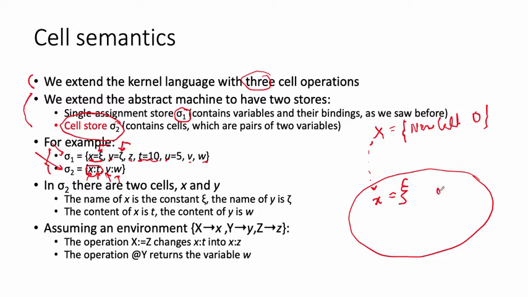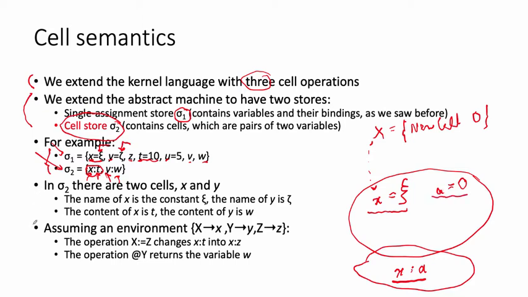Assume now there's a variable a which has the 0. We will now have the actual cell store which has a pair in it, which is x colon a. So you see, the cell is not just one thing in the semantics. It's several things. It's the name, a variable bound to the name. It's the actual cell, which is the pair. And of course, the content here is a.